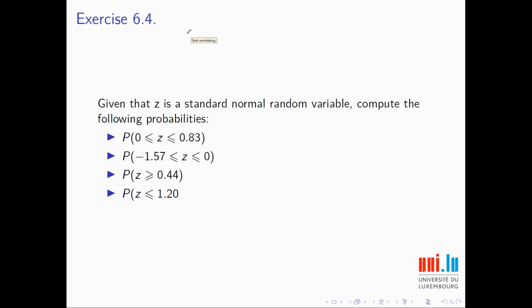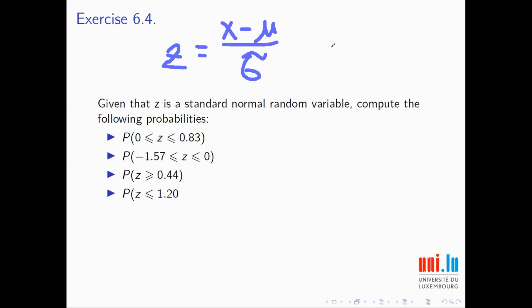You can standardize any continuous random variable which is ruled by normal law, you can translate it into the standard normal random variable, and you do it by doing the following: you subtract the mean of your random variable, and you divide it by the standard deviation.